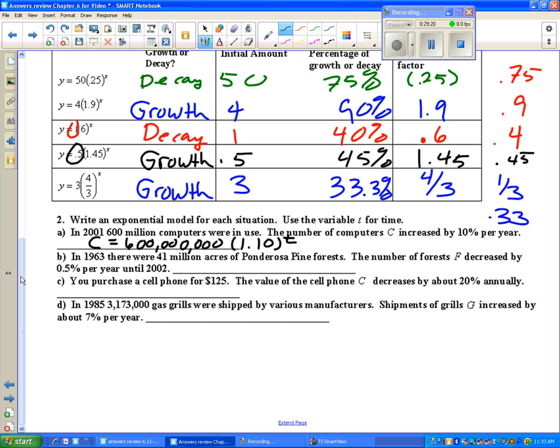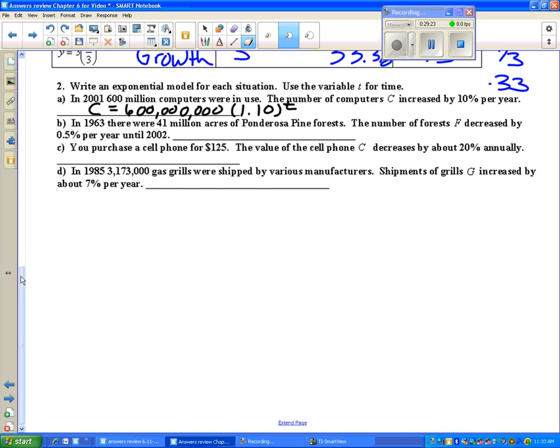Okay. Letter B. In 1963, there are 41 million acres of ponderosa pine forests. The number of forests, F, decreased by 0.5% per year until 2002. So I'm going to start with 41. Again, like I said earlier, I could say 41 million, or you could leave off the word and at the end just say in millions. 41 million acres. It decreased by 0.5%.